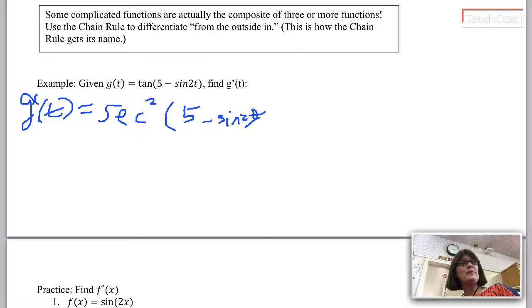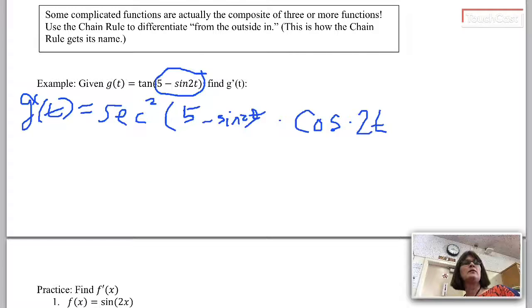Now I'm going to multiply by the derivative of whatever was the inside. Well, the inside was 5 minus sine of 2t. So I'm going to multiply by that thing's derivative. Well, the derivative of 5 is 0. The derivative of sine of 2t is cosine of 2t, but it was negative.